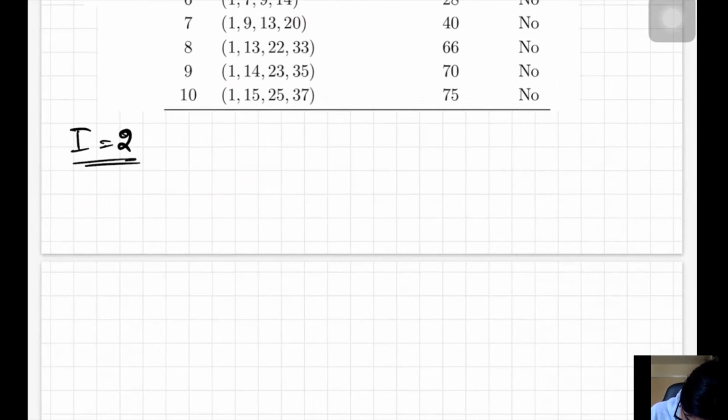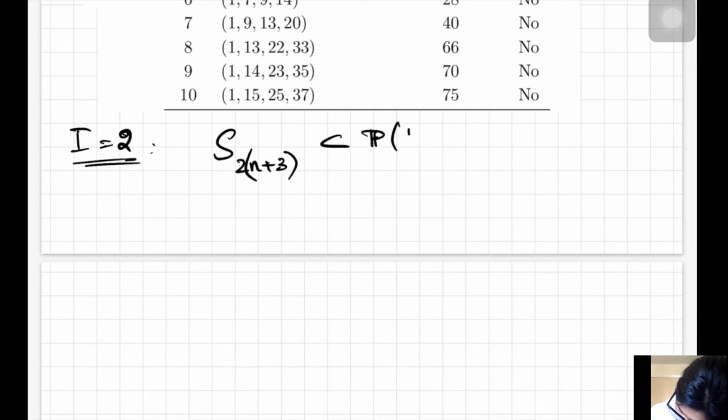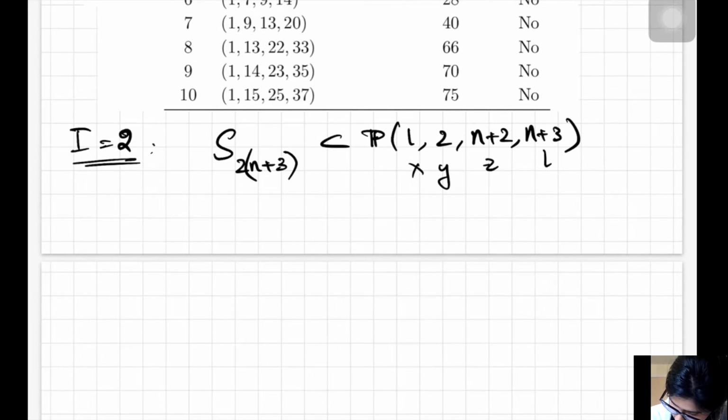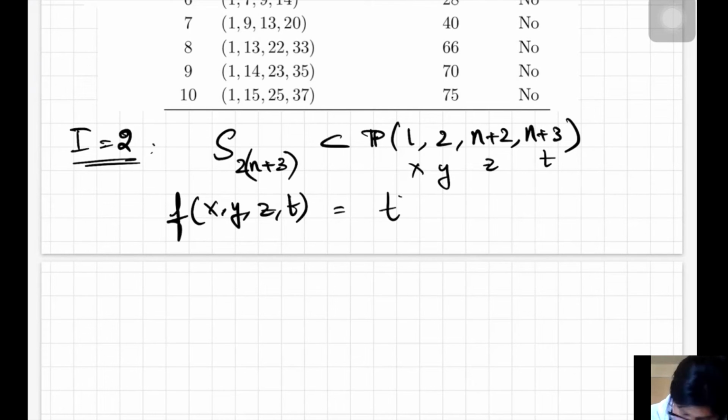So for index 2, the example I have is of degree 2n plus 3 in weighted projective space P(1, 2, n+2, n+3). Say I'm giving it coordinates x, y, z, t. Let's say the polynomial that defines my S is given by t squared plus z squared y plus the rest of it.